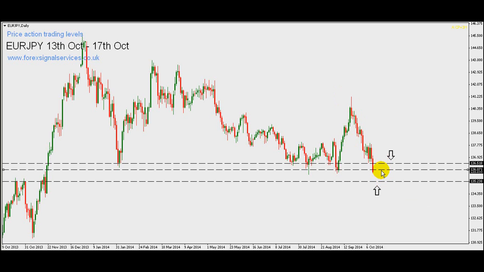But my favourite spot to buy this will be 135.23. Previous resistance here, as I said, and this will be the first test of it when it comes down to here. So EURJPY 135.23 or 136.51, looking for shorts.